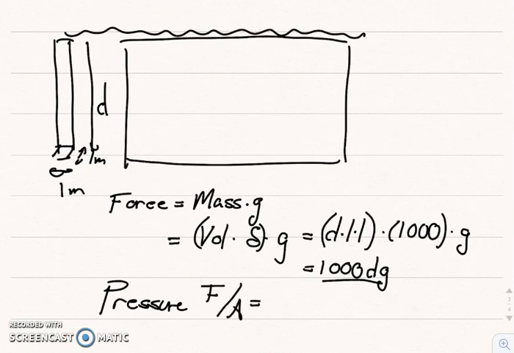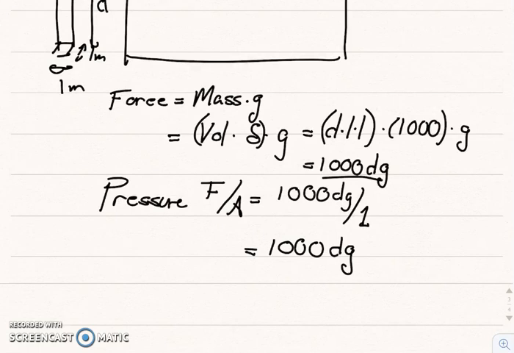Now, to calculate the pressure at this point, of course, we take the force and divide it by the area. But the area of this plate is just 1 meter squared, so we just get 1,000 dg divided by 1 meter squared, or 1,000 dg newtons per meter squared, or again 1,000 dg pascals.